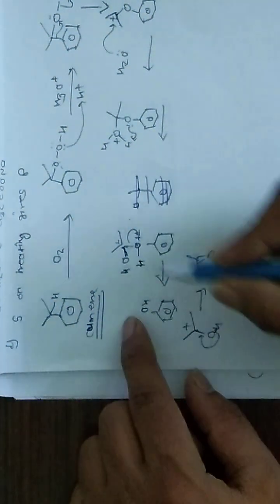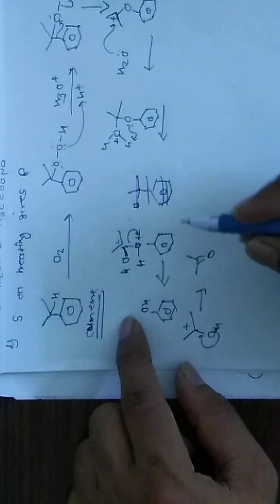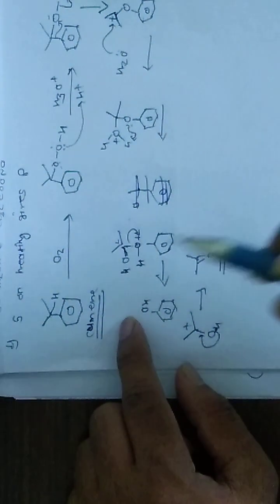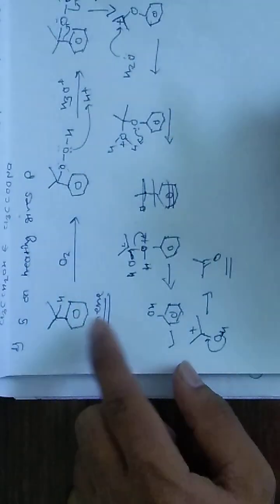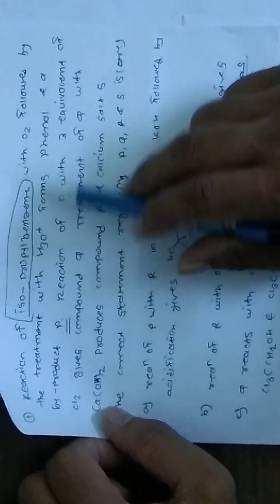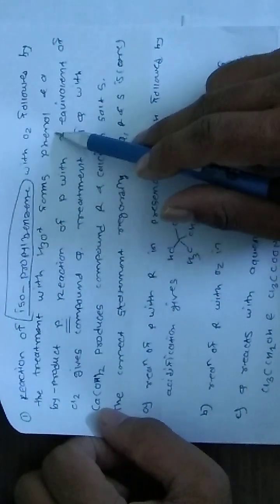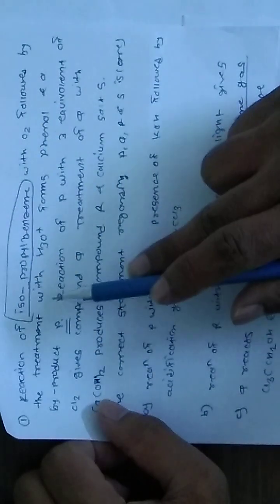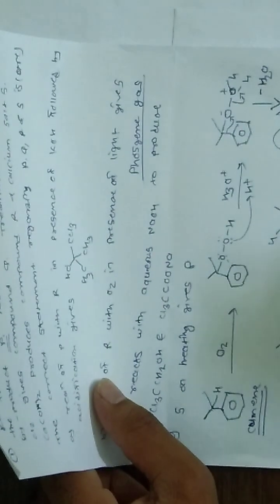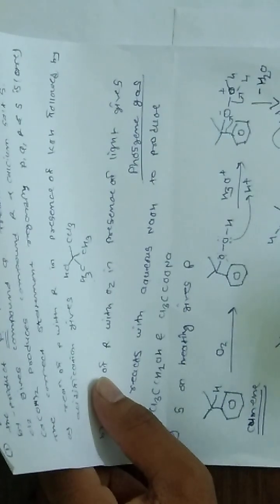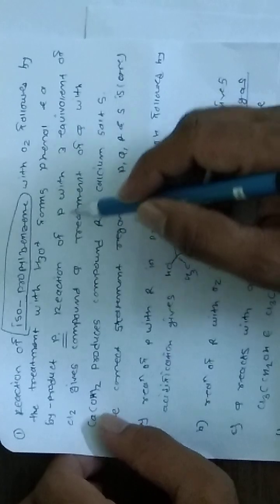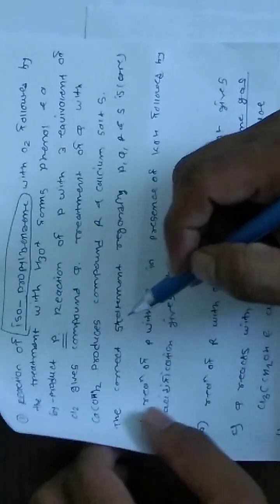So the two products are acetone and phenol. So in the question, phenol and a byproduct P are formed. So phenol is formed and our byproduct P is acetone.